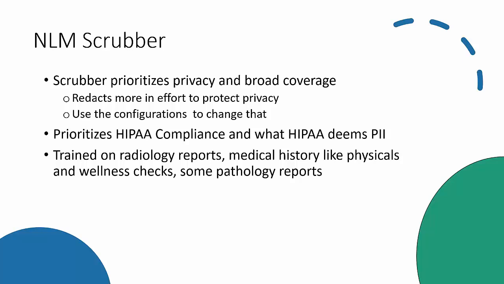So there's other identifiers that are out there, but Scrubber only looks for what HIPAA considers PII. Other contextual information may be used to identify people, so it's important that researchers still review that data to ensure that it is truly de-identified. Scrubber has also been trained on things like medical histories, physicals, radiology, and pathology reports. So these are the type of clinical texts that it's going to work best on.